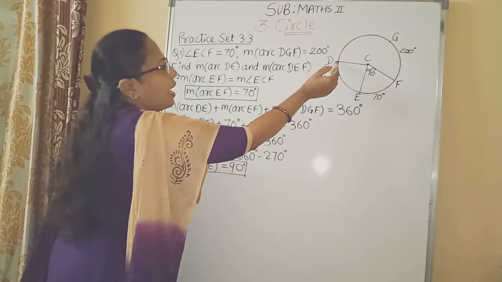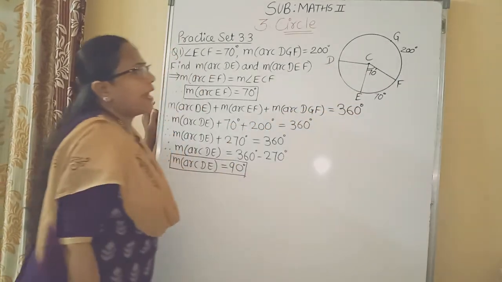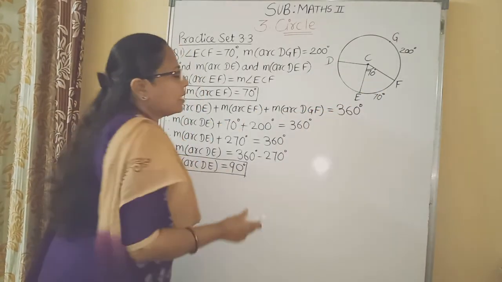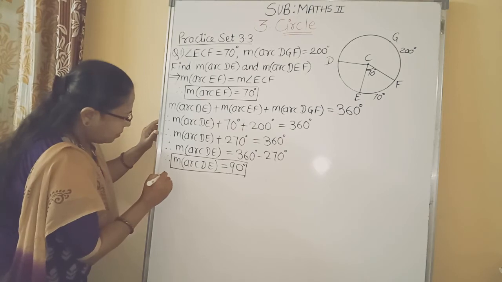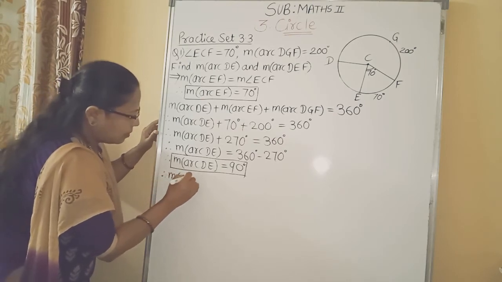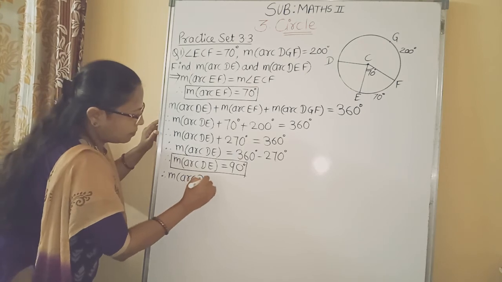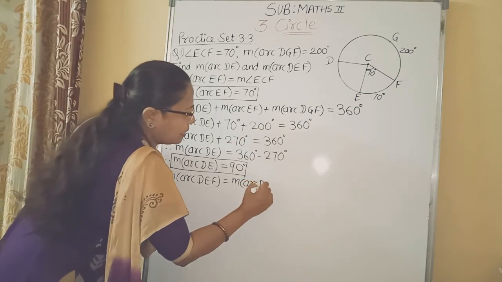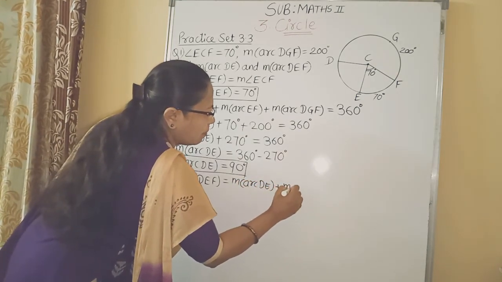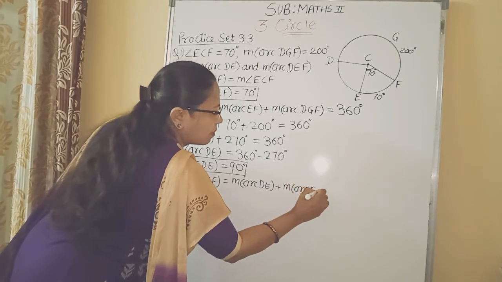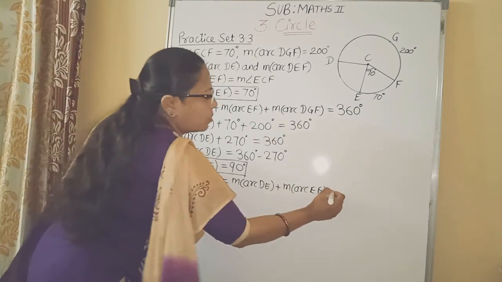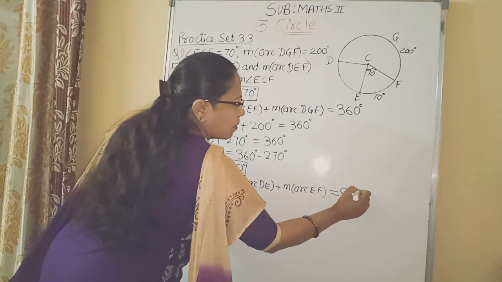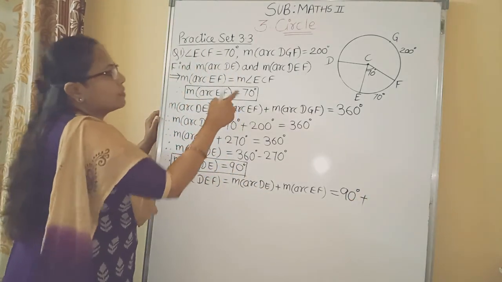Now we have to find out measure of arc DEF. So observe the figure. Arc DEF is the addition of two arcs, arc DE plus arc EF. Measure of arc DEF is equal to measure of arc DE plus measure of arc EF, equal to the measure of arc DE we got 90 degree plus measure of arc EF 70 degree.